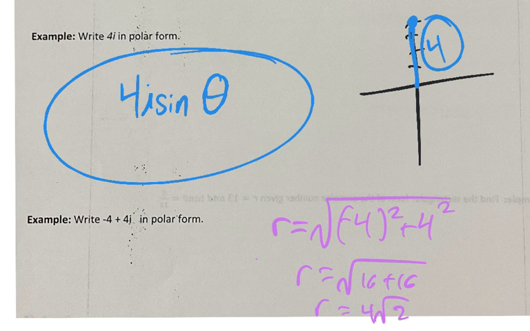Okay. Now, I think I messed up the last one because I think I know what to do on this one. So let's keep working this one. I need to find my theta. So think about this for a second with me. If I go to negative 4, 4, that puts me here.